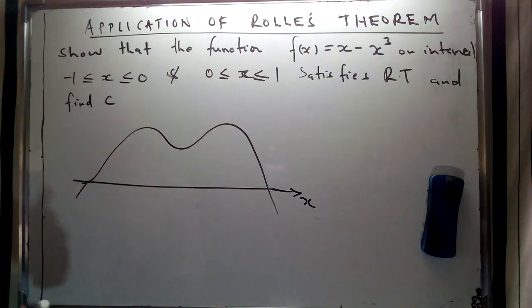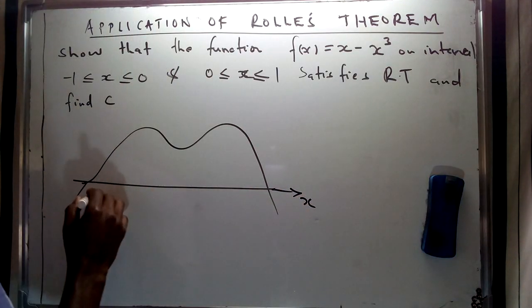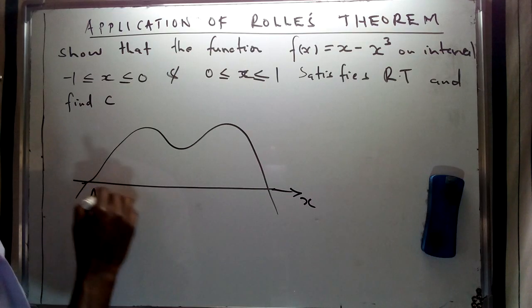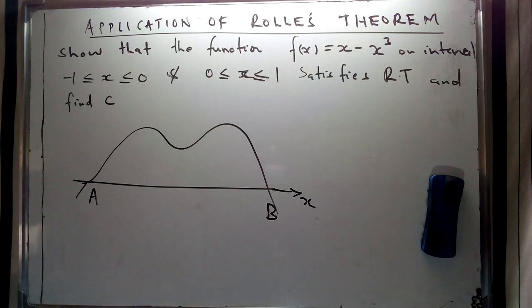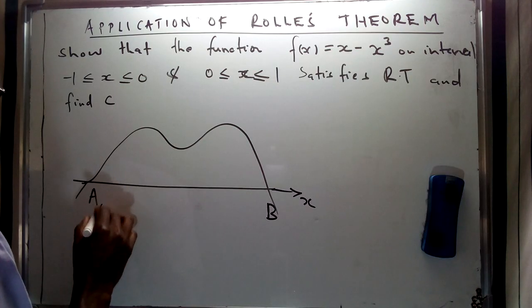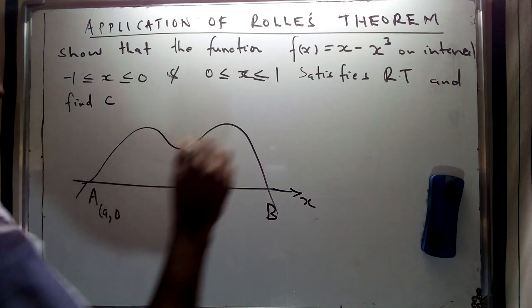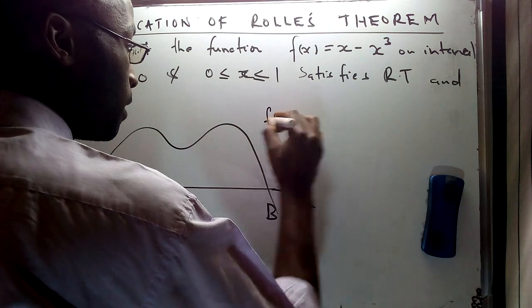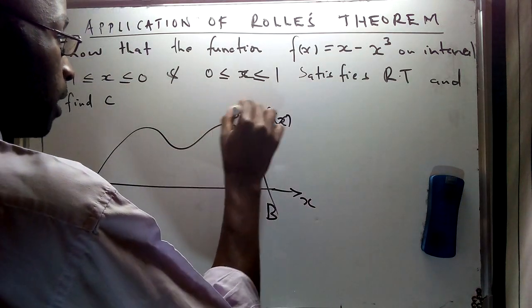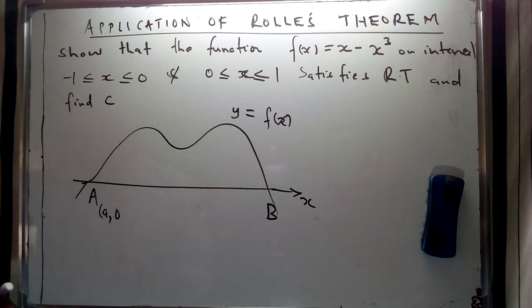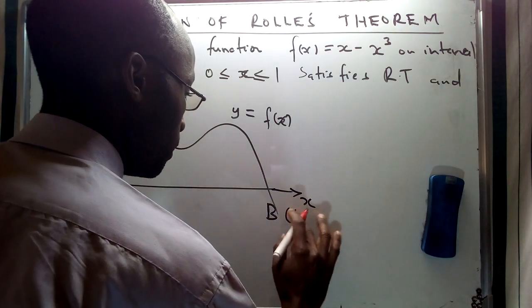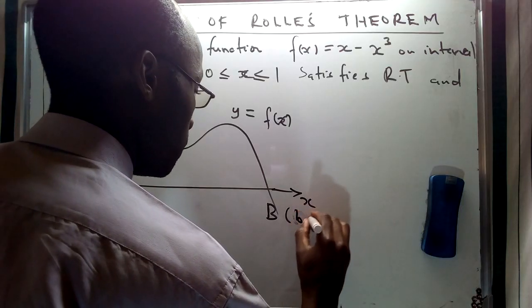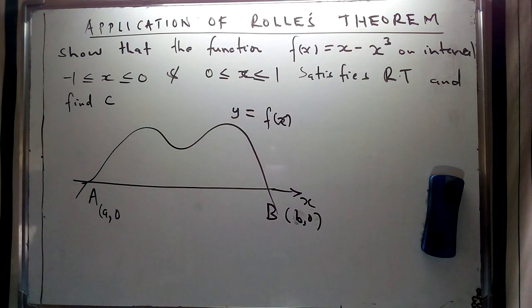At specific points over this axis, I'm going to give points A and B. I can give a set of coordinates for these points for the graph of y equals f of x, and then give another set of values for this range, this is b0, at this specific point.